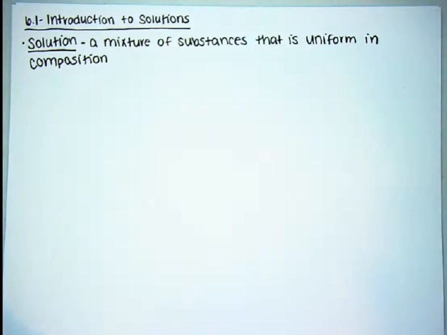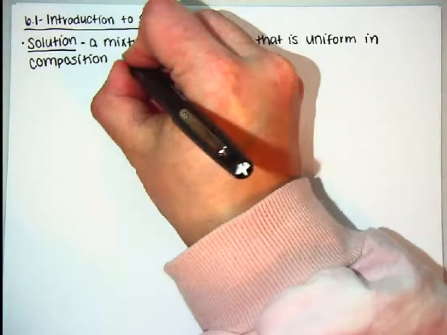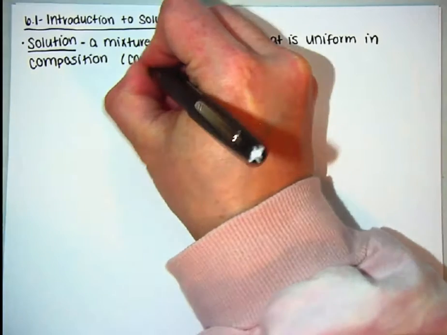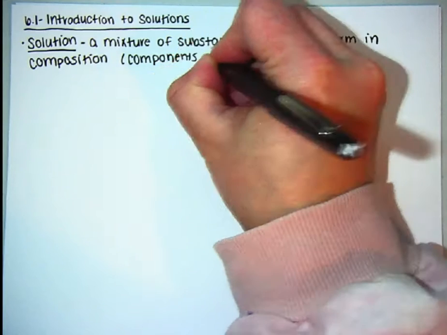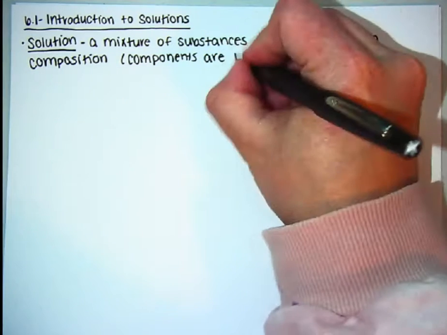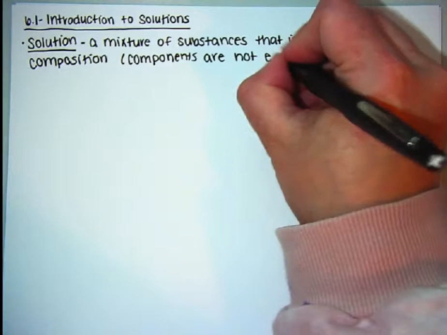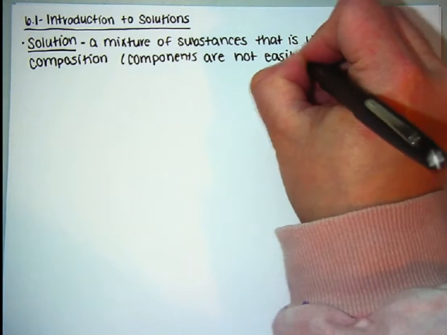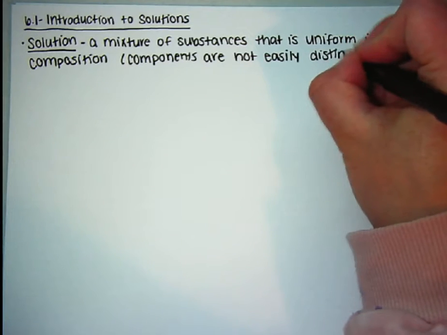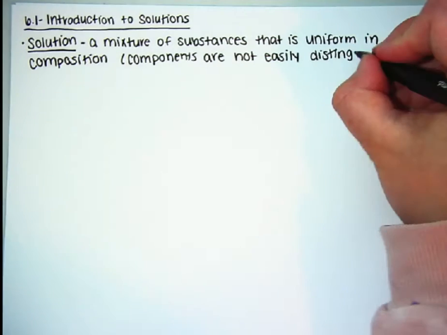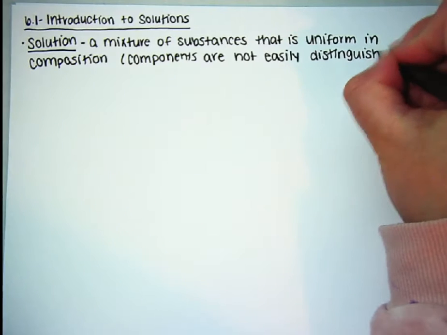Well, what does that mean if it is uniform in composition? It means that the different components that make up that solution are not easily distinguished. You can't separate or see the separation between parts of a solution.